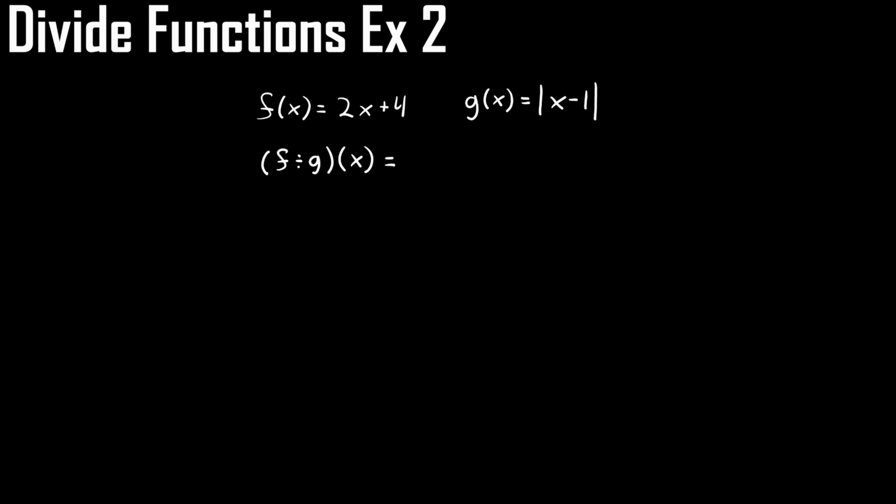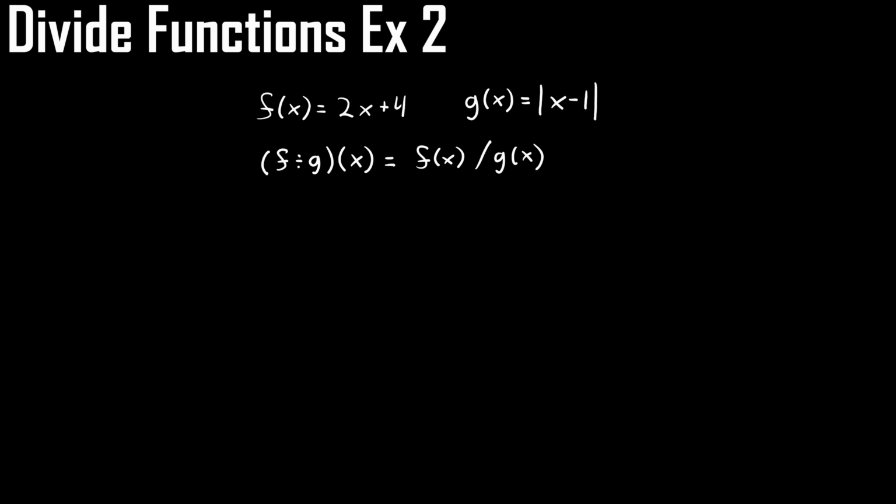So now let's do an example where we divide a linear function by an absolute value function. So let's say we are given f of x, which equals 2x plus 4, and g of x, which equals the absolute value of x minus 1. And we want to find f divided by g of x, which equals f of x divided by g of x.